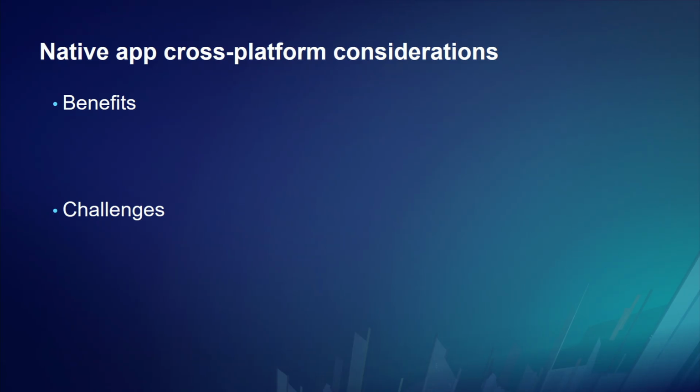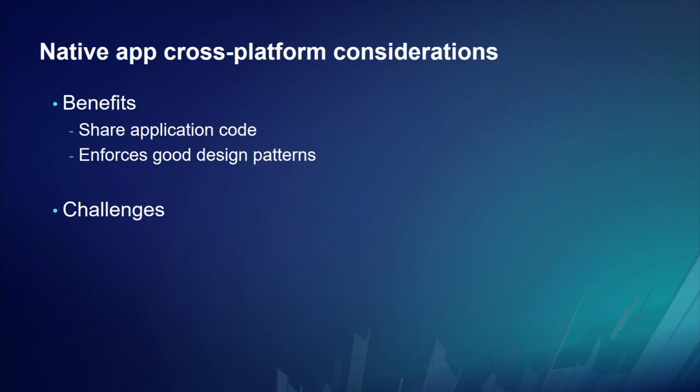We'll assume that you want to build a native application. Let's take a look at the cross-platform considerations that you need to make when you're approaching your development. One of the primary benefits of building a cross-platform application is the ability to share your application code and then run that on multiple different platforms.